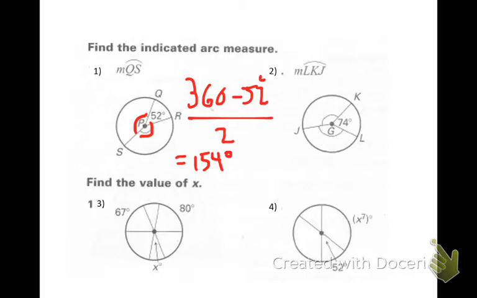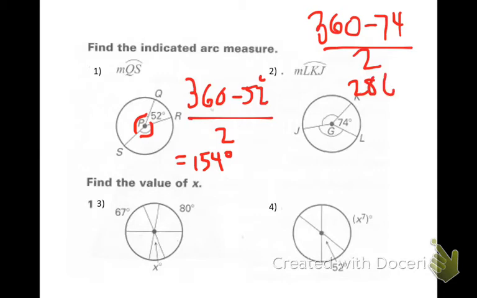All right, number 2. Same concept, except we have to add some stuff after we get the arc. So we're going to take 360 minus 74 divided by 2. So that's going to be 286 divided by 2 equals 143.